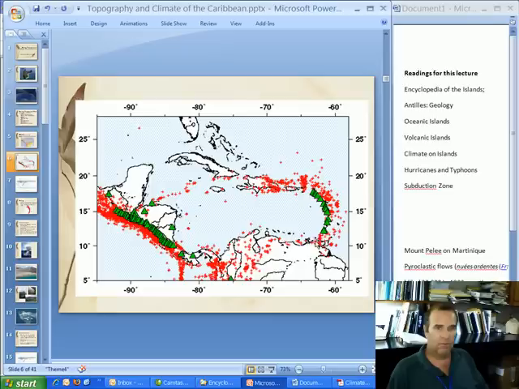The southern boundary of the Caribbean plate isn't really that clear when it comes to mapping out earthquake occurrence. There really does seem to be a whole mass of earthquakes in this whole region, so nobody really knows where that boundary actually lies.